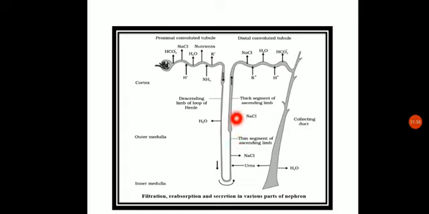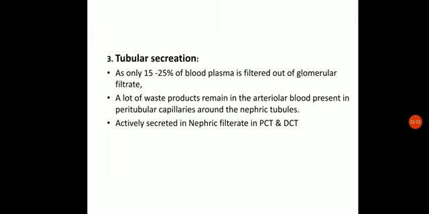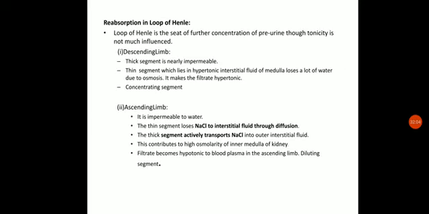But in the case of the thick segment, the NaCl is transported outside by active transportation. So in the thin segment it is passive transportation, that is simple diffusion, while in the thick segment it is transported by active transportation, which requires energy.